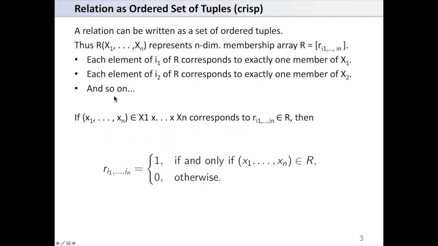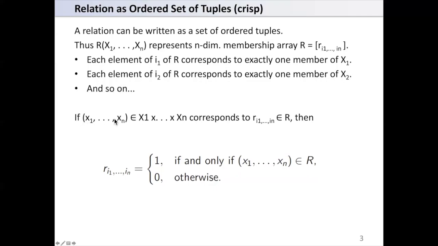So the relation on X1 up to Xn represents an n-dimensional membership array R, which has indices starting from I1 up to In. Each index I1 of R corresponds to exactly one member of X1, each index I2 of R corresponds to exactly one member of X2, and so on.